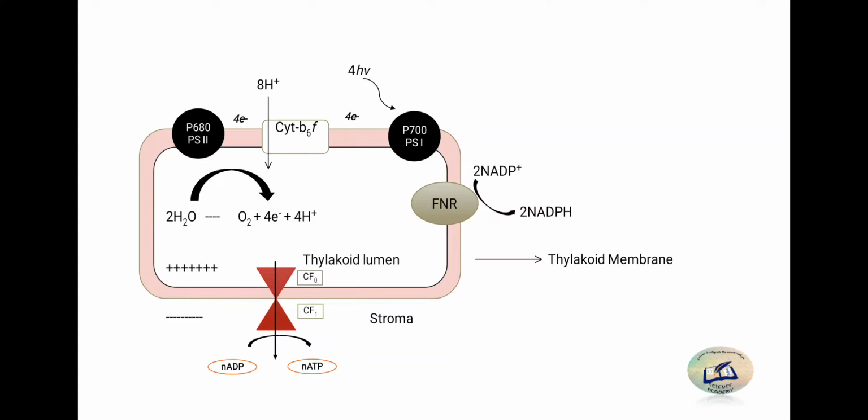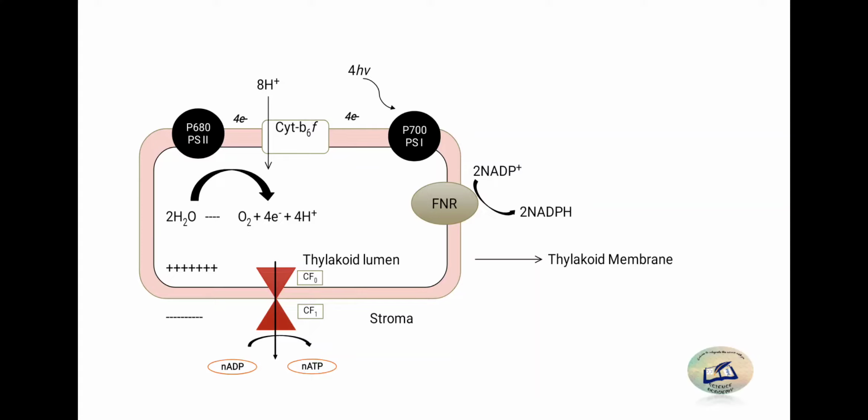Here the most important things which we have to understand, or these points to be noted, are that there is an electrochemical gradient difference created between the stroma and the lumen, which leads to the pumping of the hydrogen. Without that gradient there won't be any pumping, and photolysis of water occurs inside the lumen.